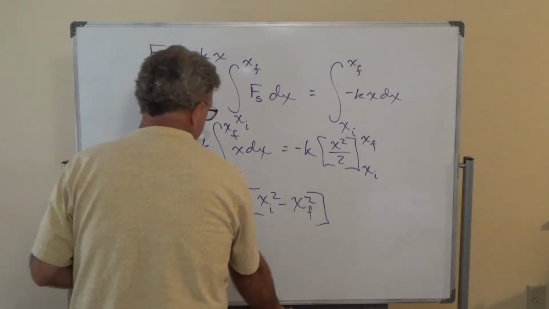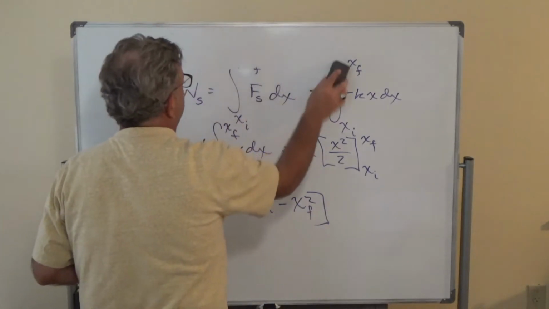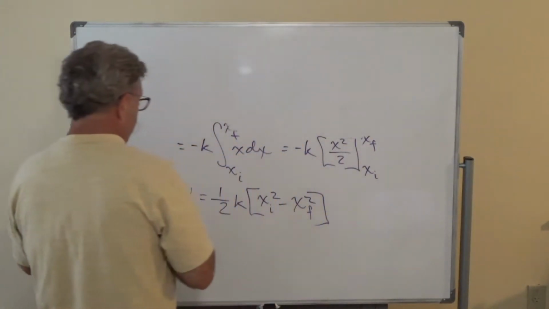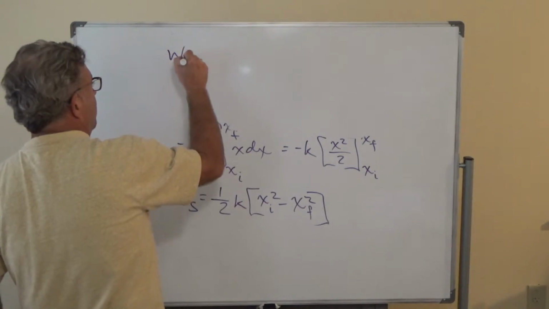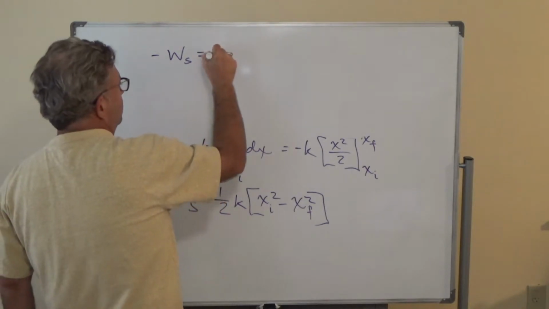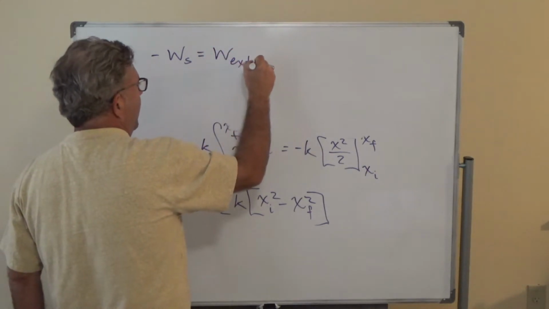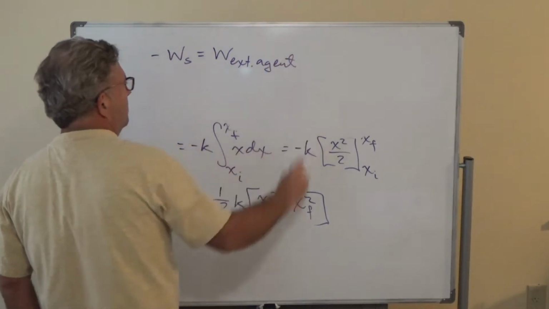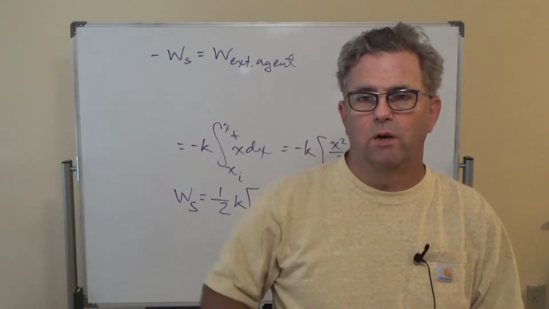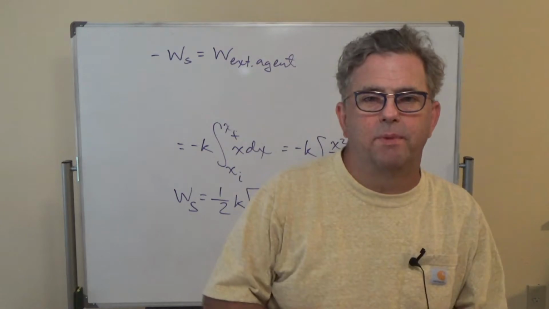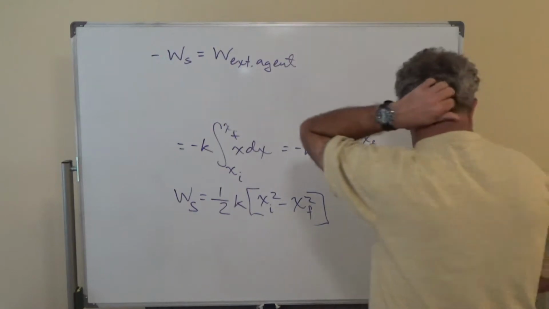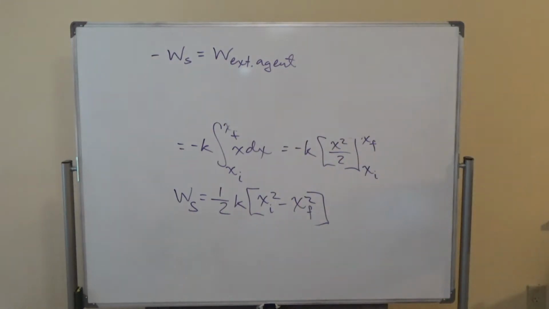So in moving this spring, the negative of the work done by the spring is equal to the work done by some external agent, a hand moving the spring back and forth, you know, a bug pushing it along or something, pulling it along. Okay? So let's look at an example. Are there questions on this?